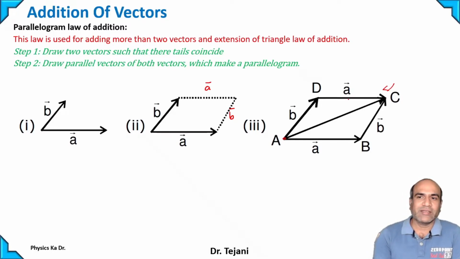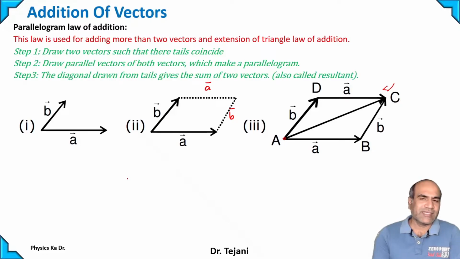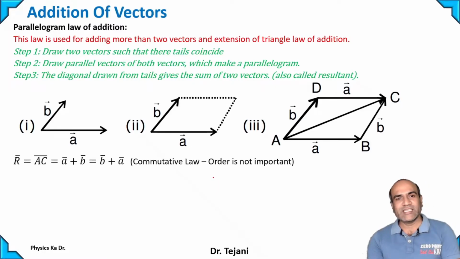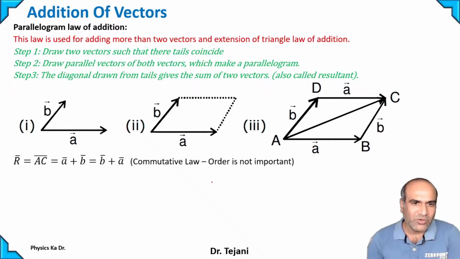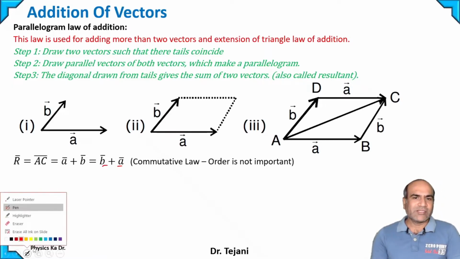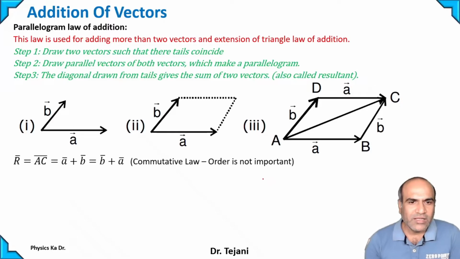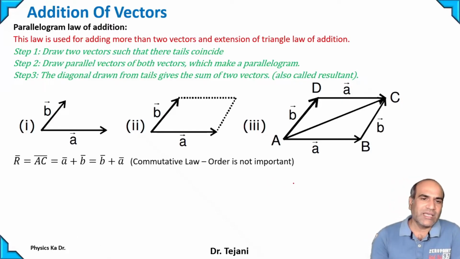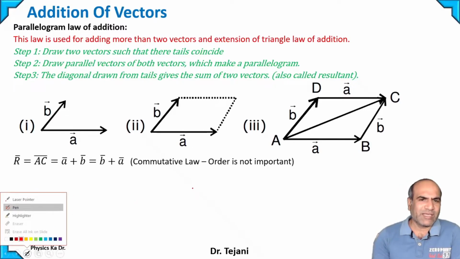So this AC gives us the resultant. Very simple. So AC is equal to A bar plus B bar, or you can say B bar plus A bar. That is the commutative law. That means order is not important. You can have B plus A equal to A plus B. In algebra also the similar rule is applicable.